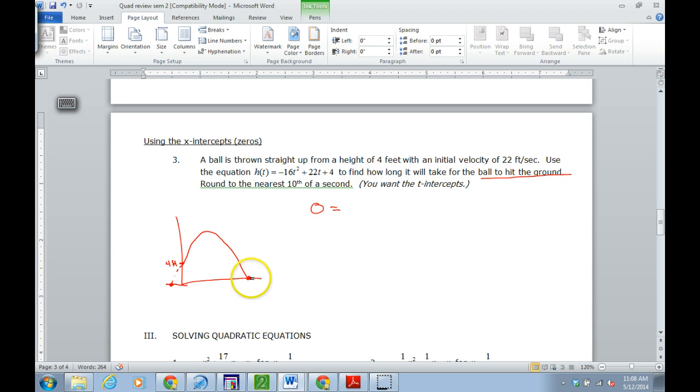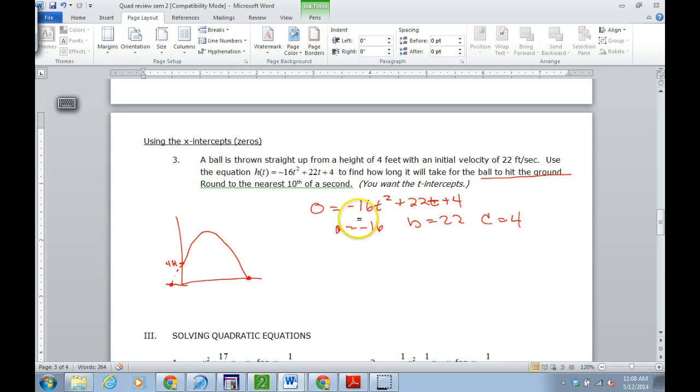Whenever you're trying to find your intercepts, you're going to use the quadratic formula or factor it. Okay? So here's our values. We'd have A equal to negative 16, B equal to 22, and C equal to 4. Only if you're not using quadratic formula do you change the signs.